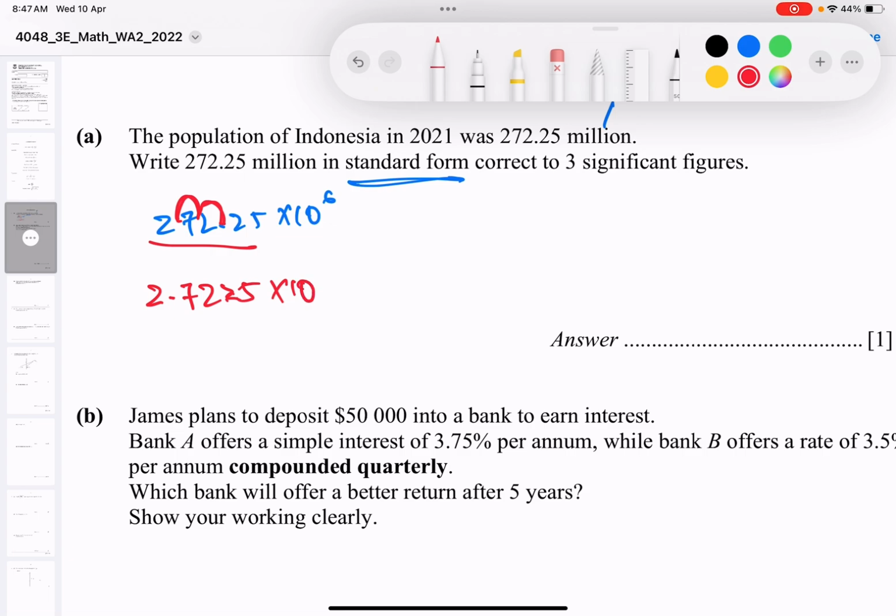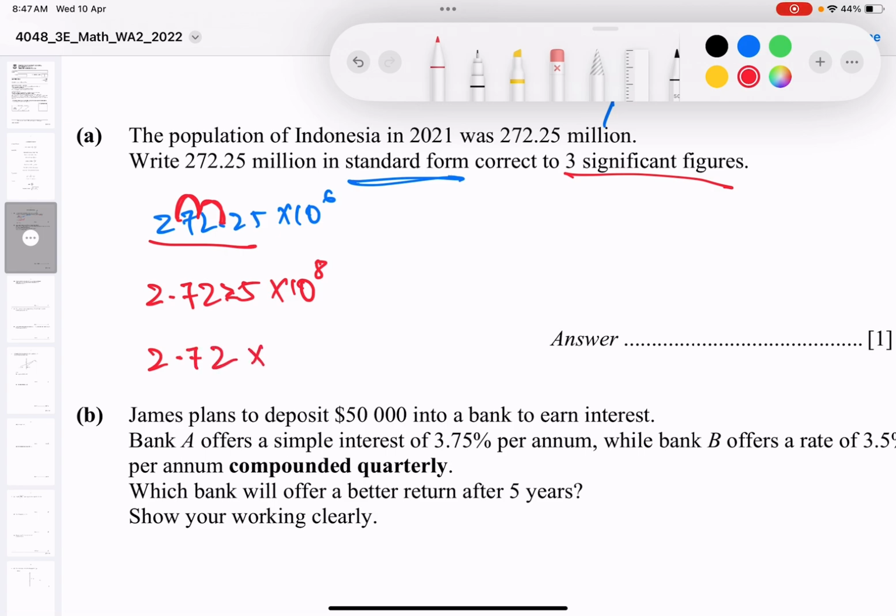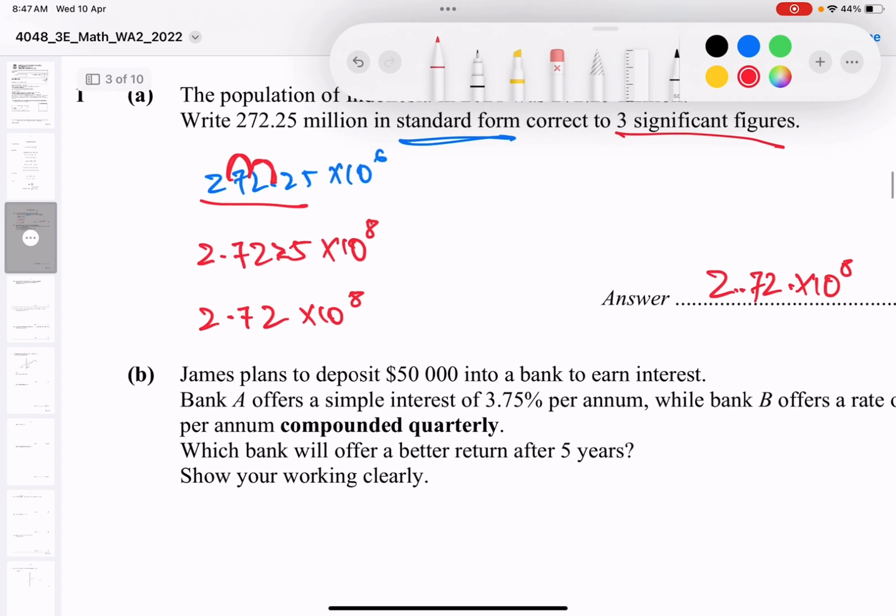So this one has to be shifted by 2 as well. So this one gets larger, this one gets smaller. It's fair, right? But they want us to leave our answer correct to 3 significant figures. So our final answer is 2.72 times 10 to the power of 8. Okay? Because this 2, you round it down.